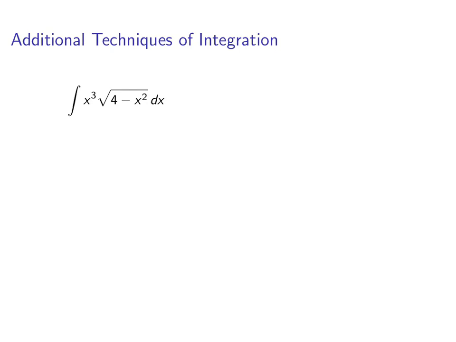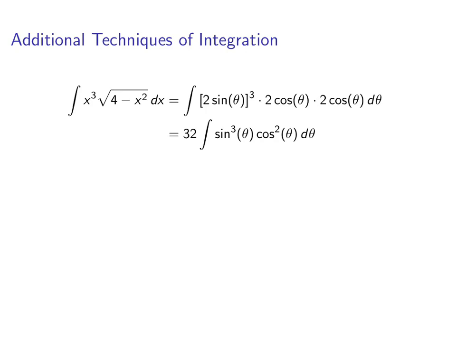So we've got our original integral, which was the integral of x cubed square root of 4 minus x squared dx. If we transform that, the x cubed at the beginning turns into 2 sine theta quantity cubed because x was 2 sine theta. The square root of 4 minus x squared turned into 2 cosine theta. And then the dx turns into 2 cosine theta d theta.